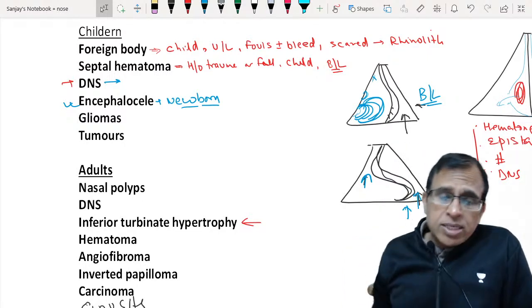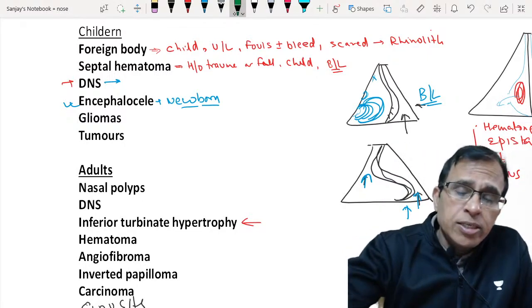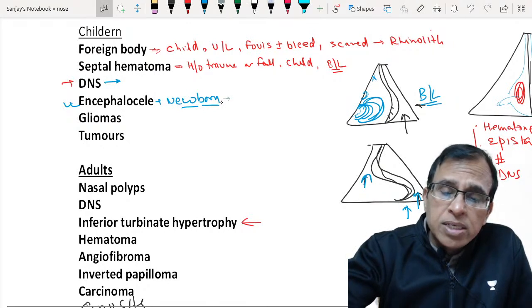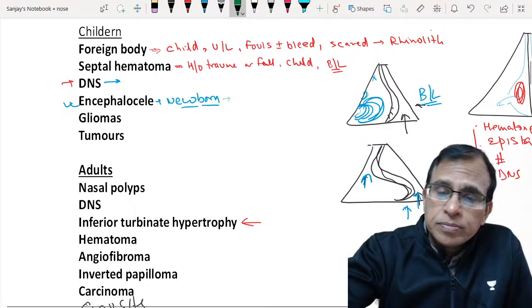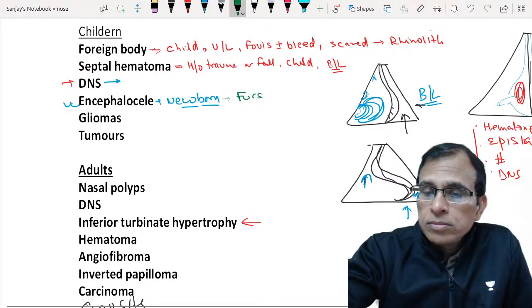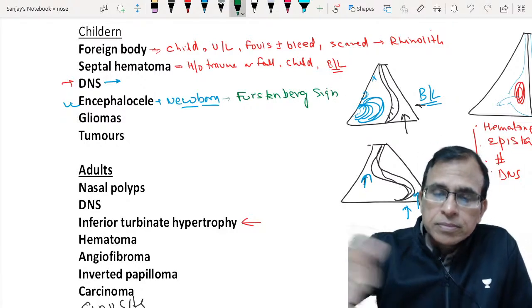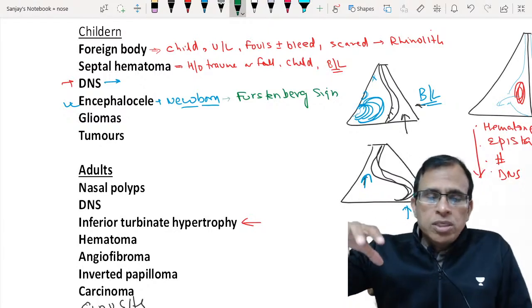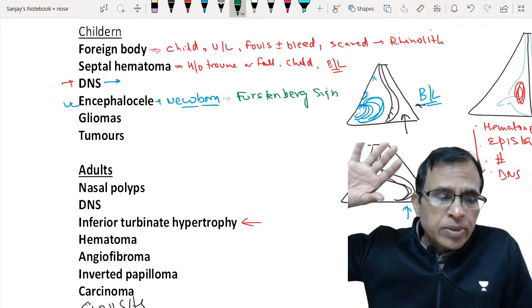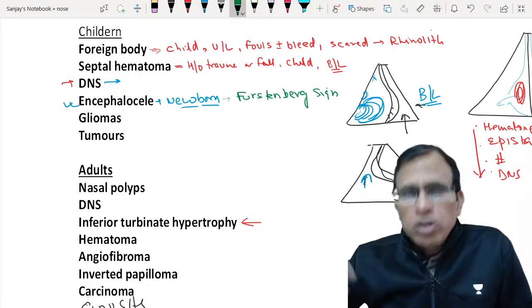Now, one of the things that you can do clinically to confirm this is a sign called Furstenberg sign, for those who know. What happens is, as I said, because this growth is connected with the cranial cavity, and small children cry a lot, we all know this.